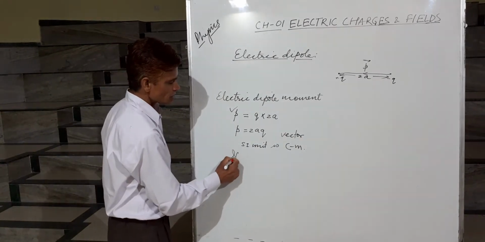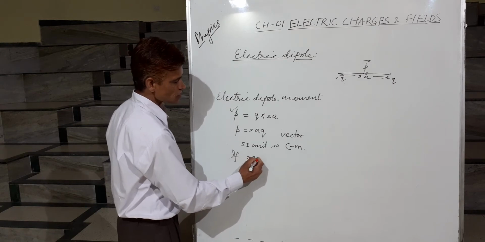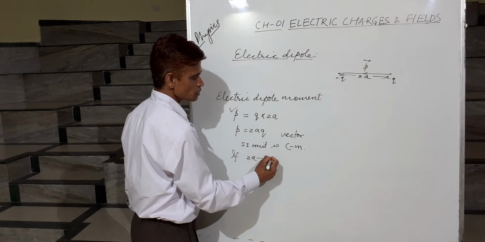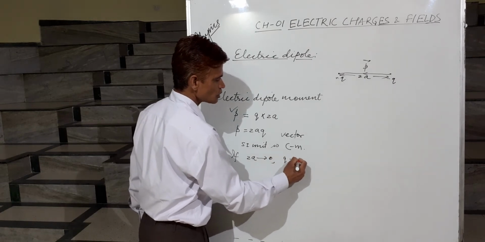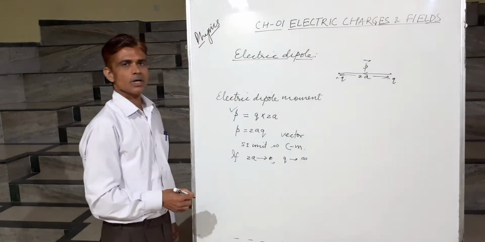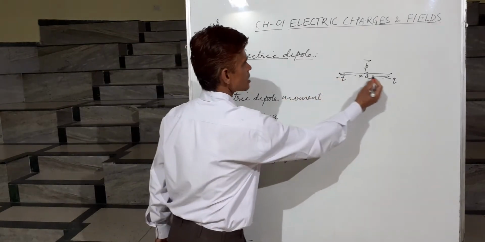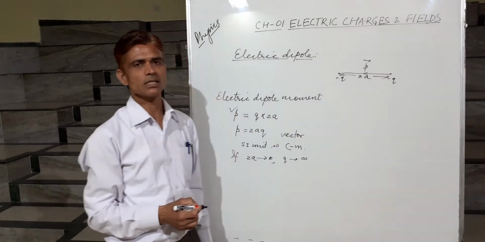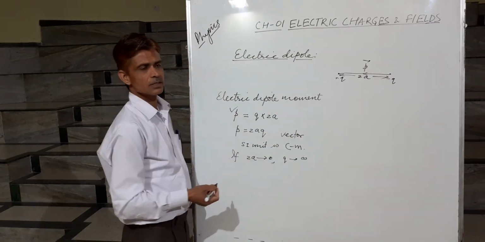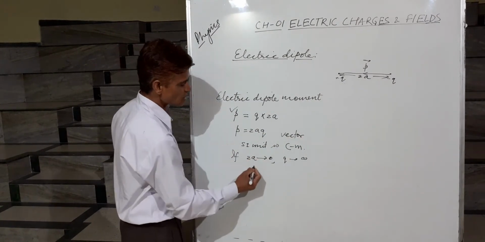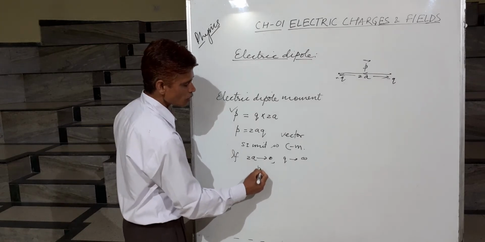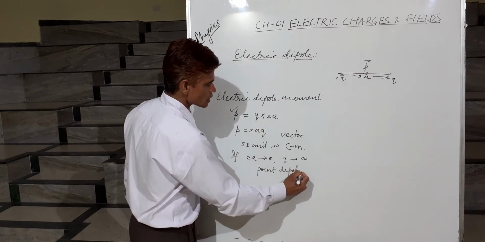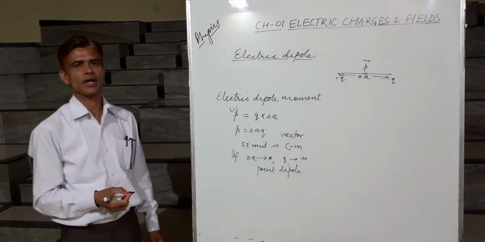Now if the separation between the two equal and opposite charges is tending to 0, so this q approaches infinity. If the separation between this pair of equal and opposite charges is negligible, tending to 0, such a dipole is called a point dipole.